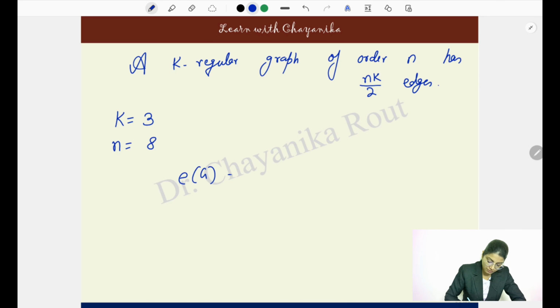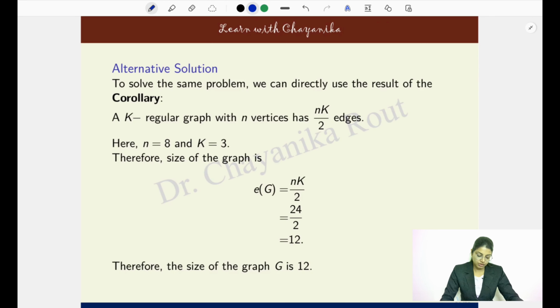So the size of the graph will be nk by 2. So we have n is 8 multiplied by 3 by 2, that is 12. So we can directly get our answer with the application of the corollary also, which again follows from the degree sum formula only. So this is the alternative solution.